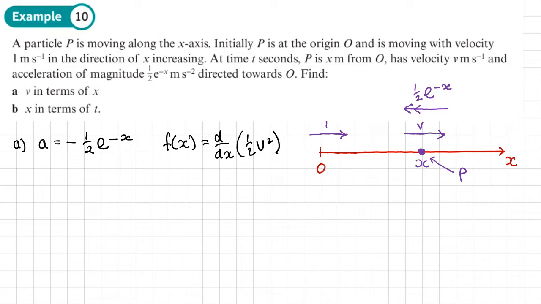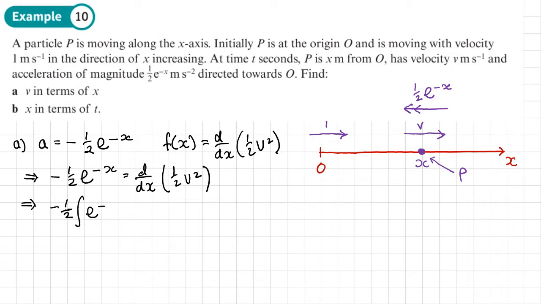Substituting everything in, negative half e to the minus x equals d/dx of half v squared. We'll now integrate both sides. So we've got the negative half in the integral, e to the minus x dx, equal to half v squared.